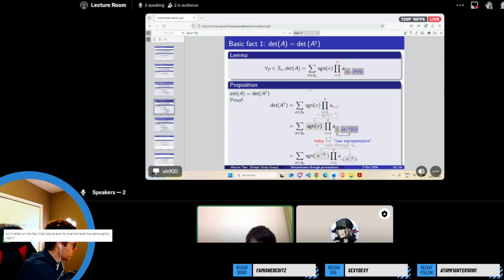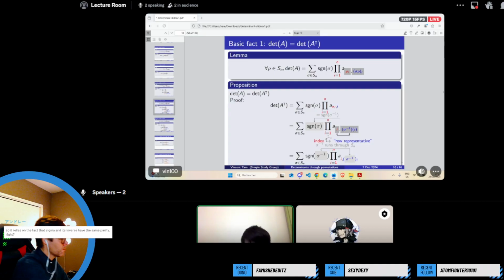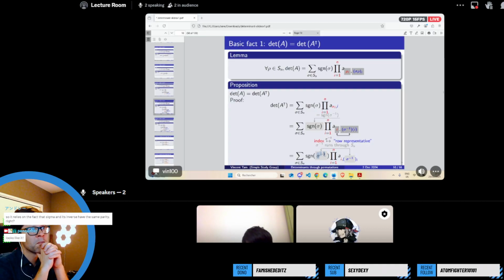Because in the definition of determinant, you see that the element of Sn matches what's preceding the rightmost blue subscript. And then here we can safely replace SGN sigma by SGN sigma inverse.